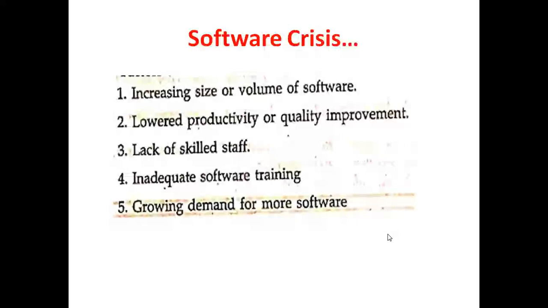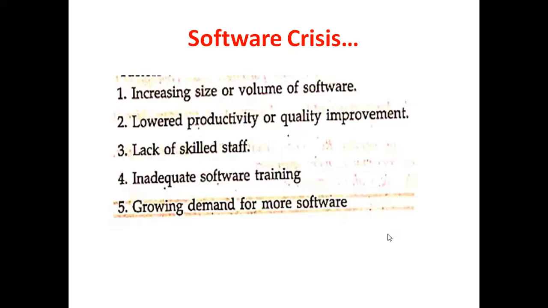First, we'll see the software crisis, which includes increasing size and volume of software, lower productivity or quality improvement, lack of skilled software, inadequate software training, and growing demand of more software.